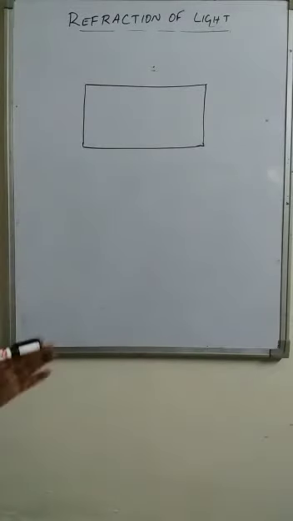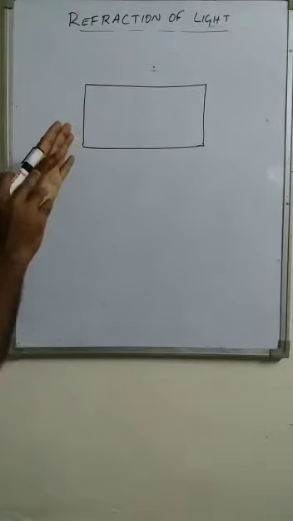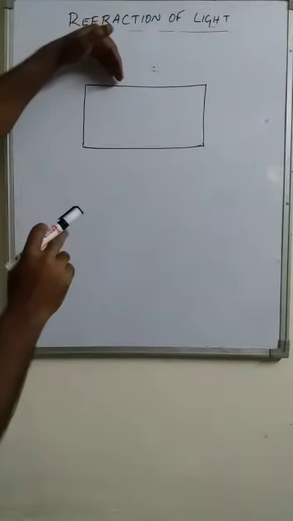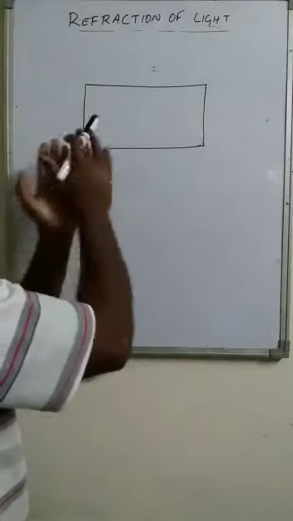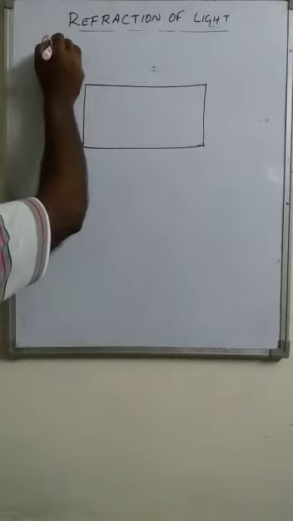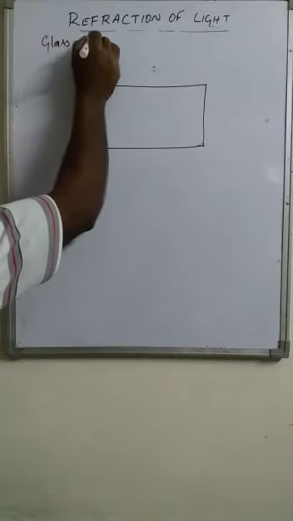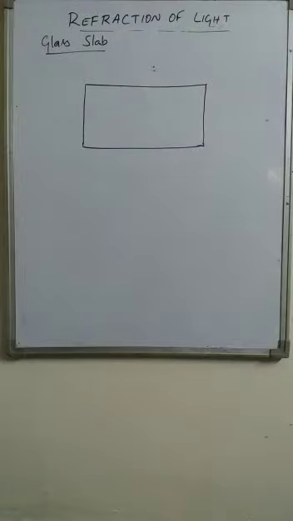Here we are going to discuss how the light ray enters from outside into the glass and finally emerges from the glass, and how the light ray refracts through this glass slab. This is the refraction of light through a glass slab.